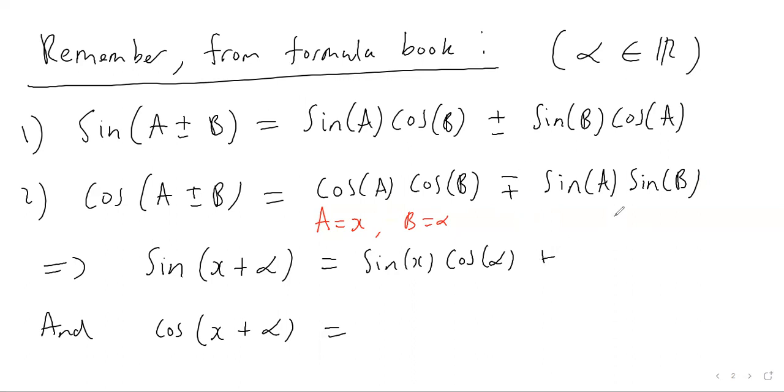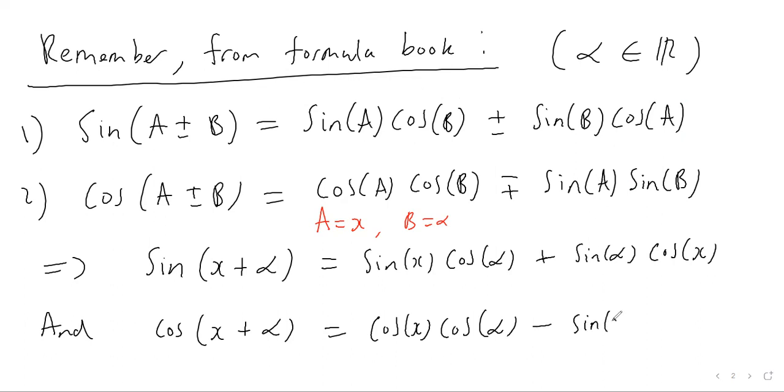So we've got a plus sign, and then sine b, but b is alpha, so we've got sine alpha, and then times cos a, which in this case is cos x. We can do a similar thing with the bottom one. Again, substitute a for x, so we get cos x times cos of b, which in this case we're calling alpha, and then subtract this time, because we've got a plus sign there, sine of x times sine of alpha, because b is alpha.